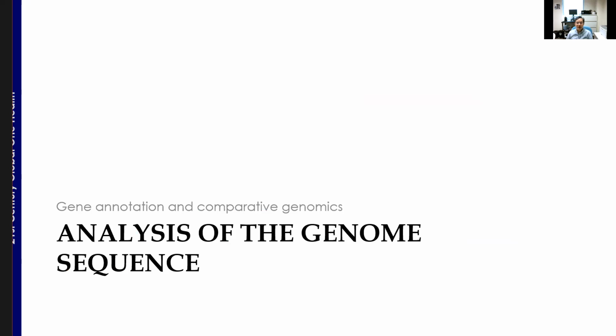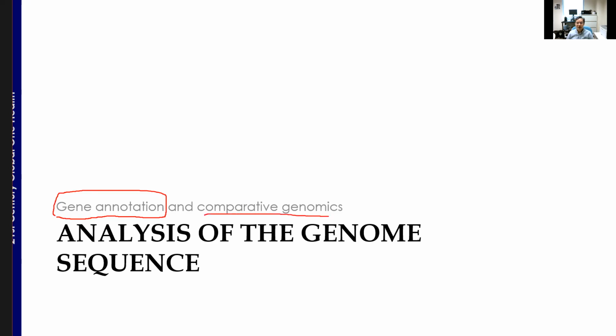Okay, suppose the genome has been sequenced and assembled. So now you have the reference genome. Then what you will have to deal with as a bioinformatics problem is gene annotation. You want to know what genes are encoded in the genome.